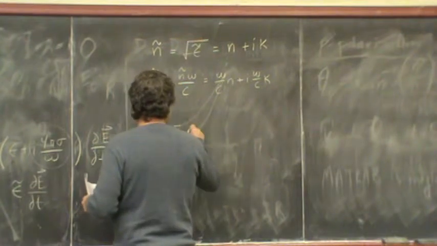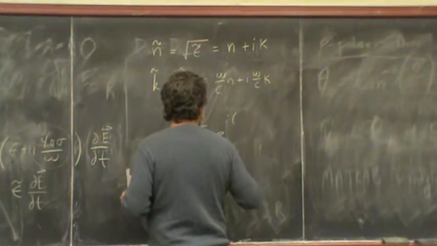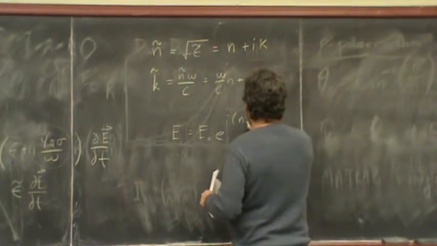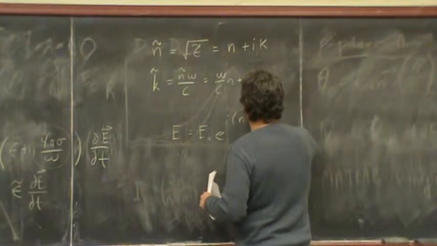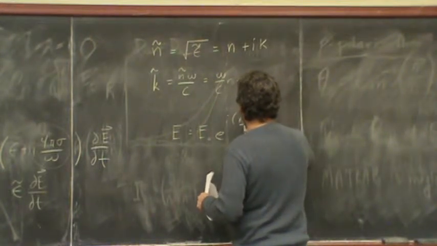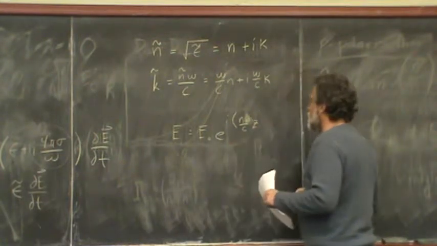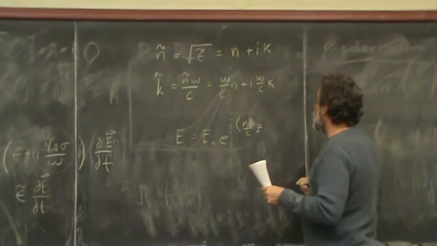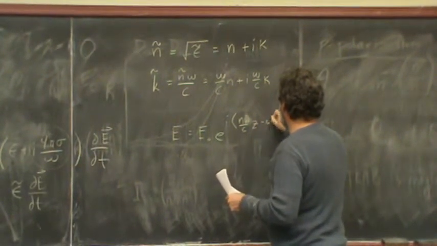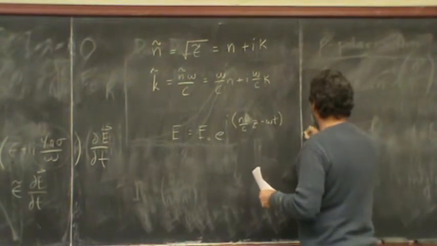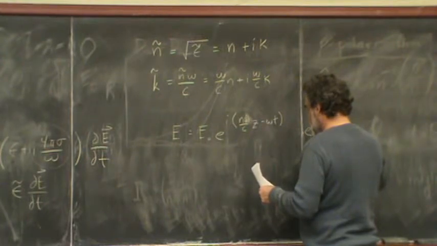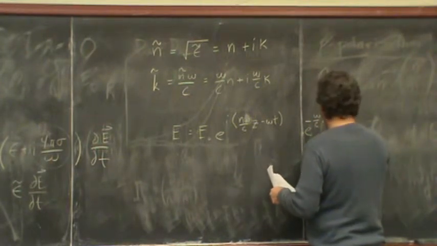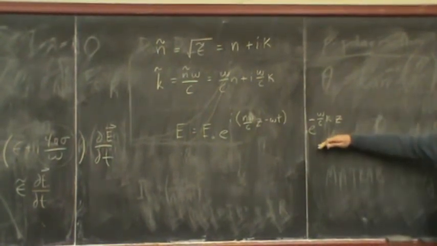It's always going to look like E equals E naught, e to the i, n times omega over c times z, that's the real part of the index of refraction, minus omega t, times e to the minus omega over c kappa z. It's always going to end up looking like that.